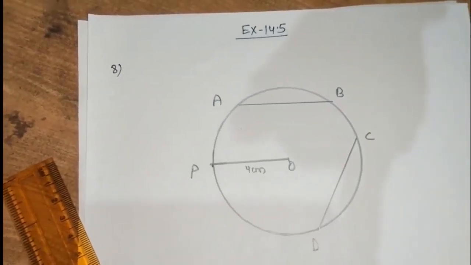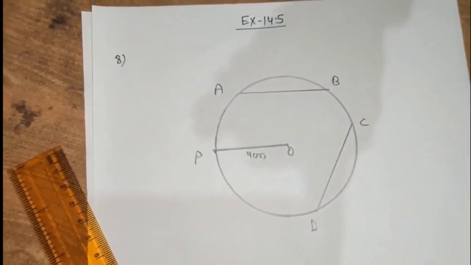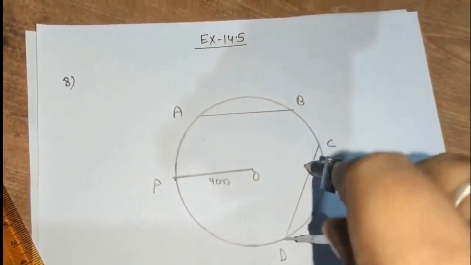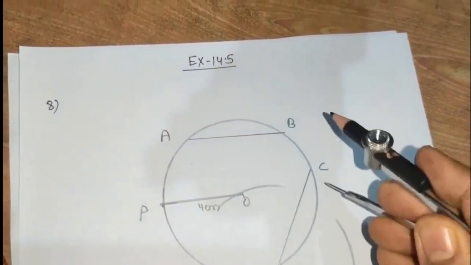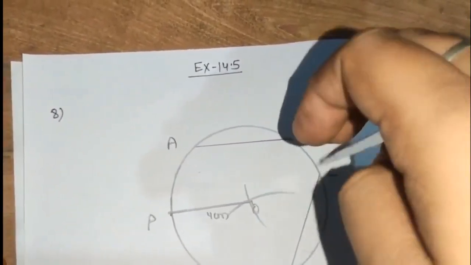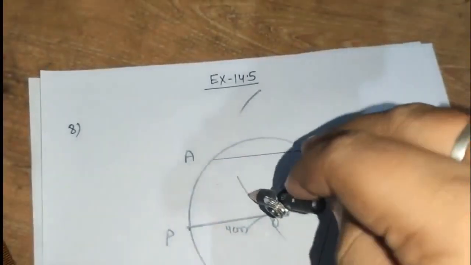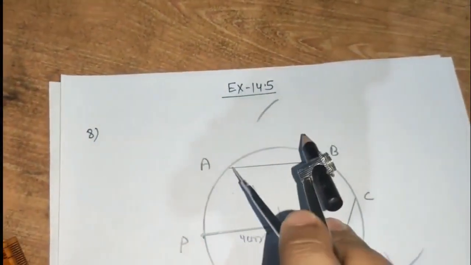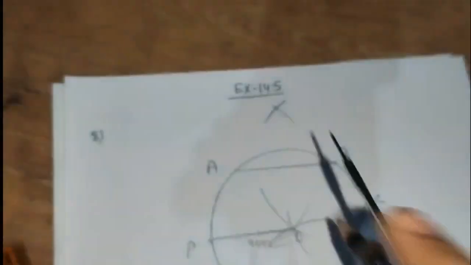Now construct the perpendicular bisectors of these chords one by one. Now by taking more than half, we will make arcs. One upper, then lower, again upper, then lower arc, then from B, upper arc, then lower arc, and from A, again upper arc, and then lower arc.